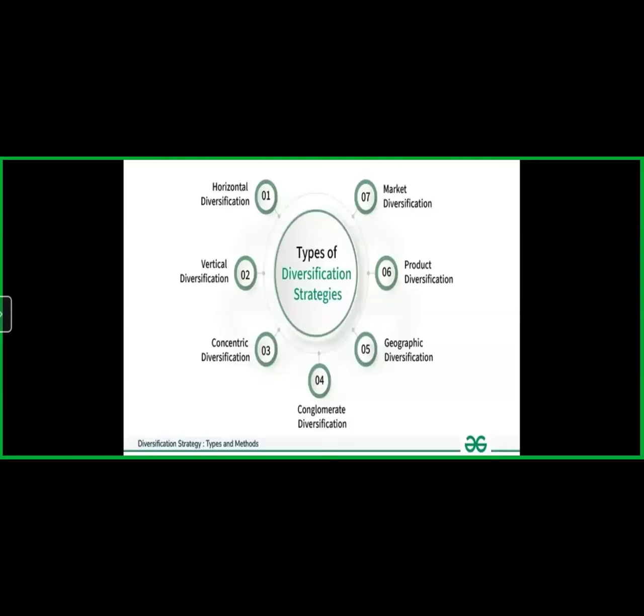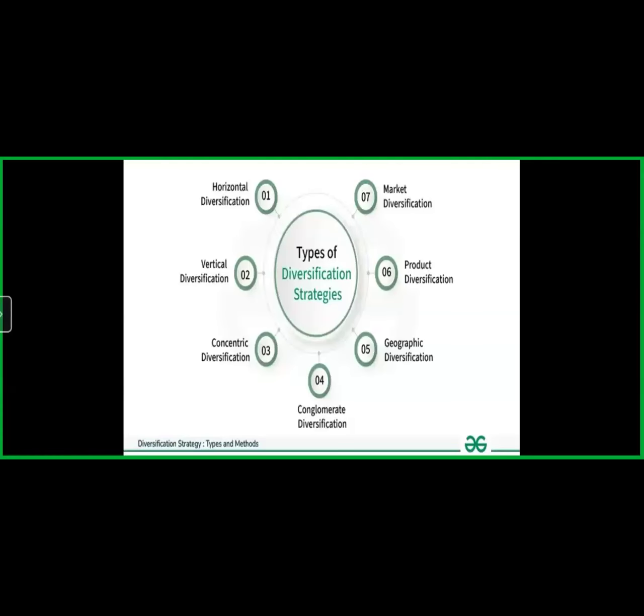So after analyzing the success of their product, they stayed in that particular sector and they tried to expand products which are very relatable. And that is again an example of horizontal diversification.